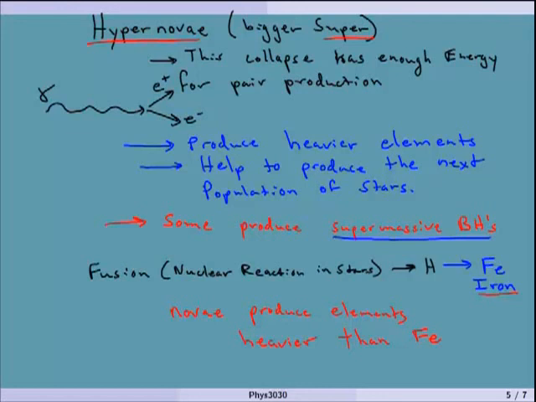Everything that we're made out of, a lot of carbon, a lot of oxygen, a lot of nitrogen, all of these things had to have been made in stars. So this is the idea that we are stardust. We are sort of the ashes of nuclear reactions.